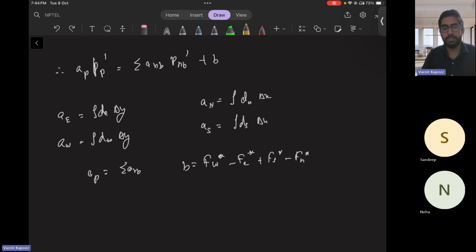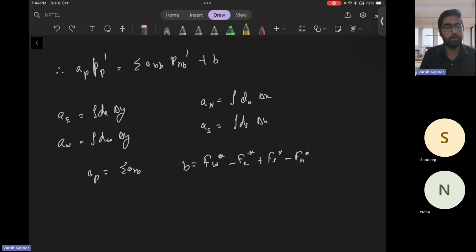So the equation of pressure is basically an equation where, if you solve using Gauss-Seidel, you will get P dash equal to a constant. That will be a solution that satisfies the equation, because AP is equal to the summation of A and B. Then P dash everywhere will come out to be constant. So if the pressure correction is constant, what will happen to the velocity correction?